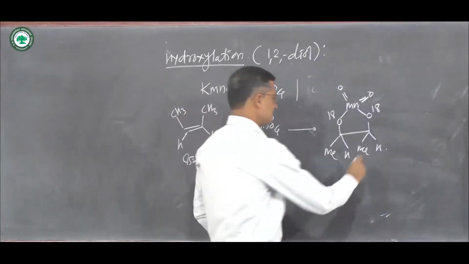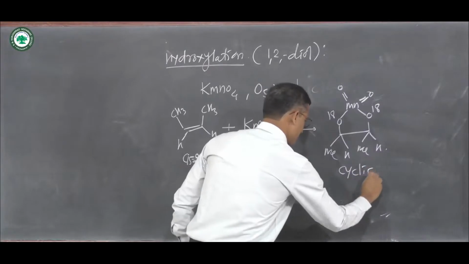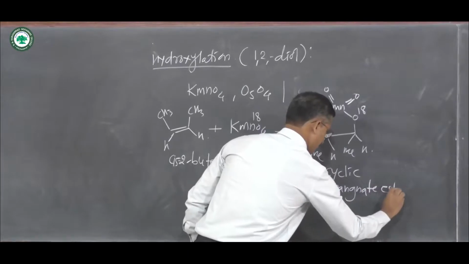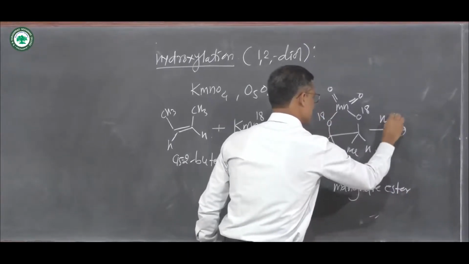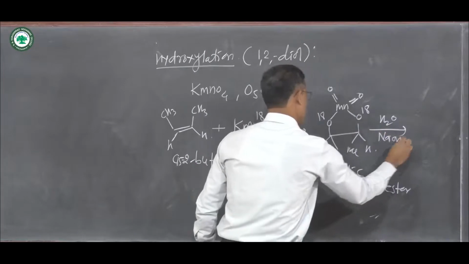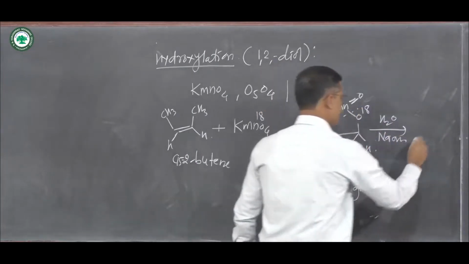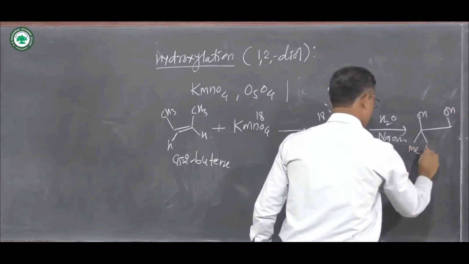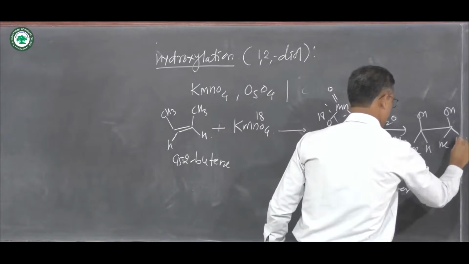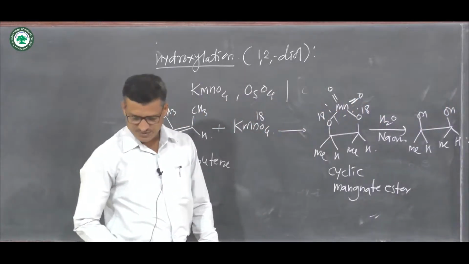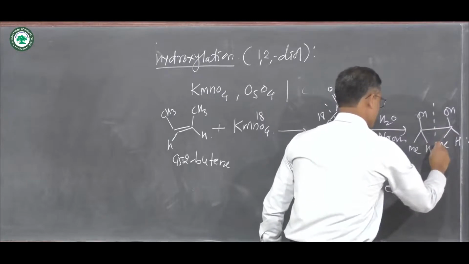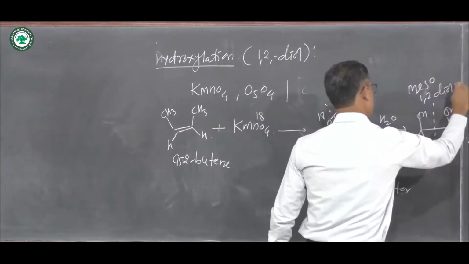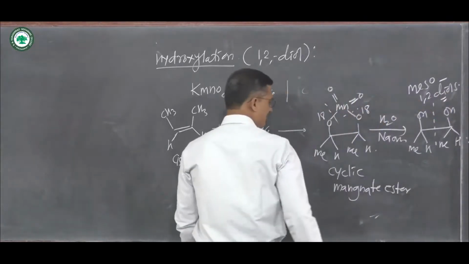And when this cyclic manganate ester is hydrolyzed, after hydrolysis we get the 1,2-diol, this one, and in this case we get the meso product, meso 1,2-diol.